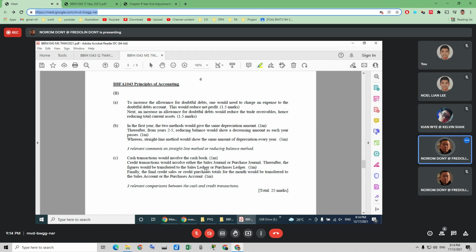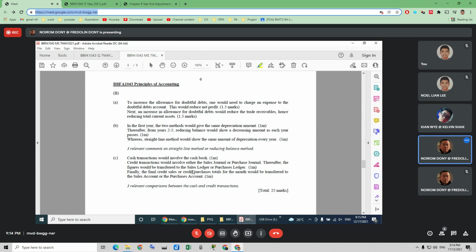Now, is it clear, the difference between cash transaction and credit transaction? Cash transaction, meaning immediately you will have the money. But credit transaction, they will defer the payment according to the credit.